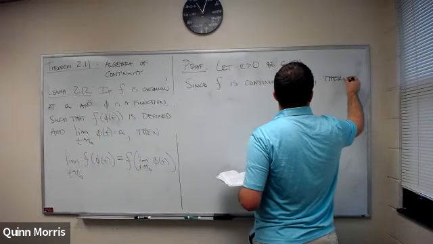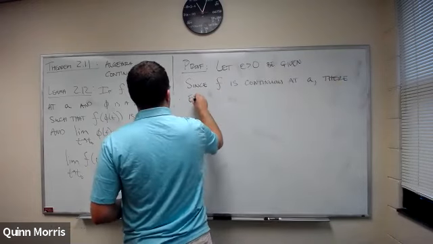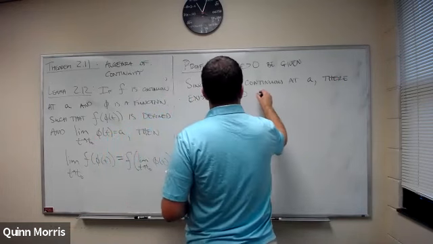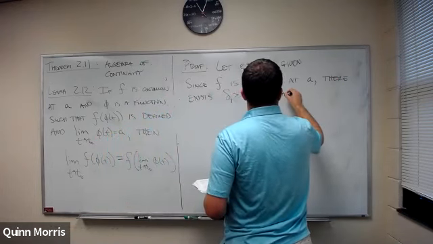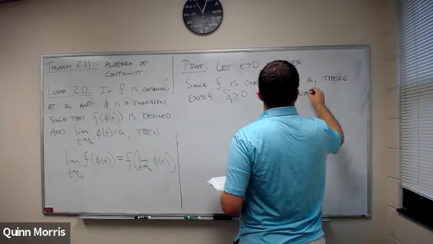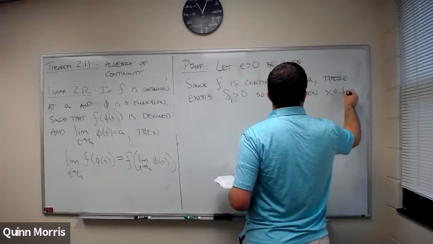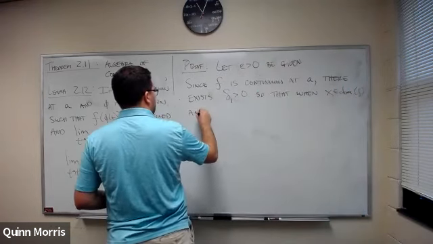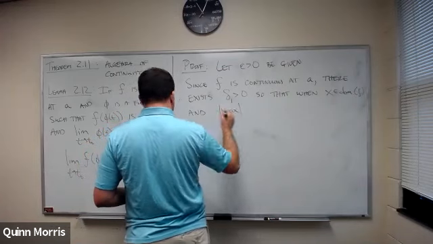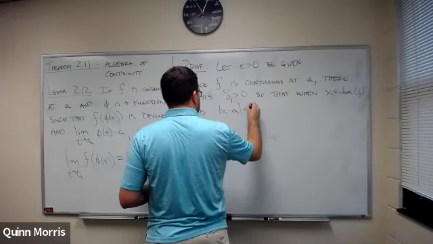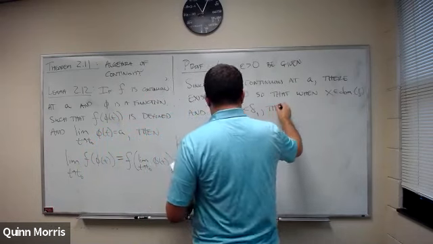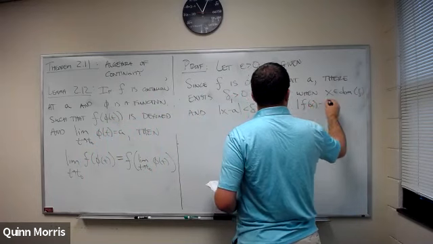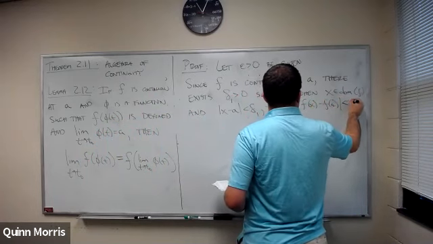there exists a delta 1 so that when x is in the domain of f and the distance from x to a is less than delta 1, then |f(x) minus f(a)| is less than epsilon.